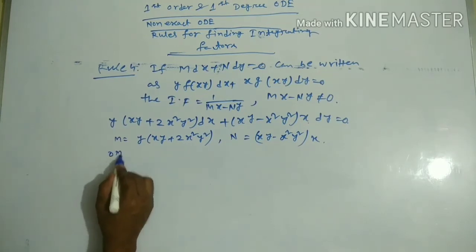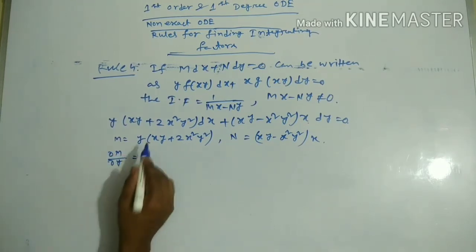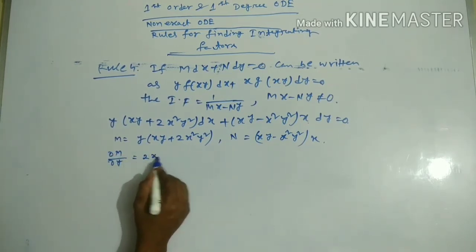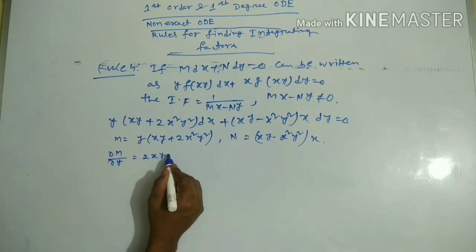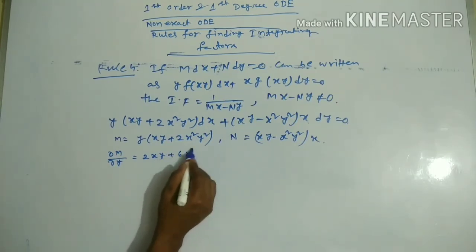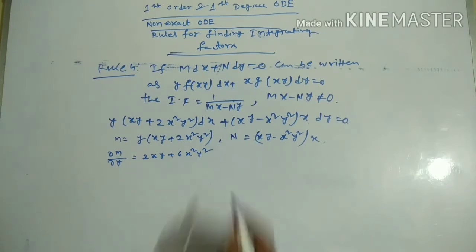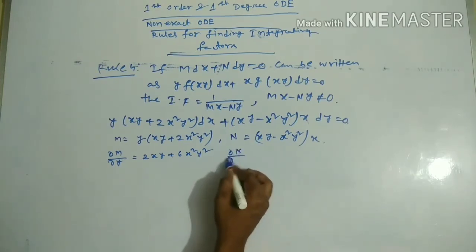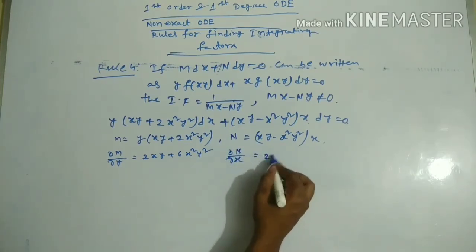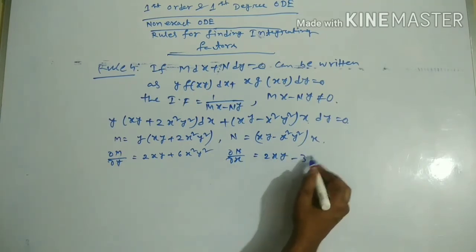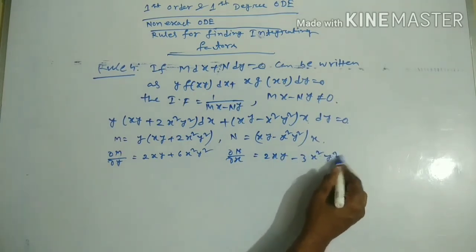Now del M del y will be 2xy plus 6x square y square, and del N del x will be 2xy minus 3x square y square.